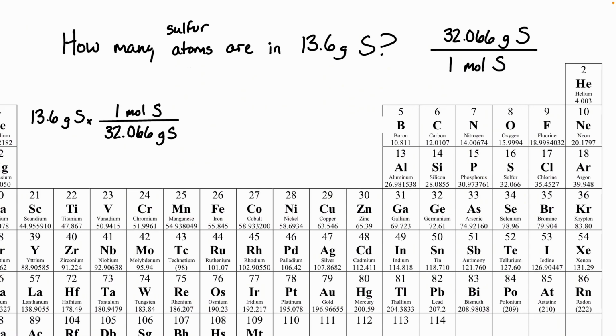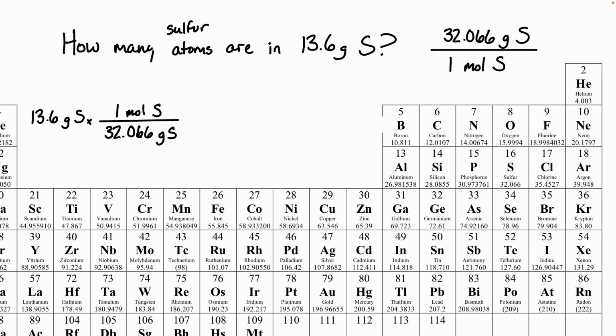But now the problem is not asking me to stop in moles. It wants to know how many sulfur atoms I have, right? So if you see one of those words, atoms, molecules, particles, that's going to be a dead giveaway signal in your brain that you need to be using Avogadro's number. That's the only way we have to work with that particular unit, okay?